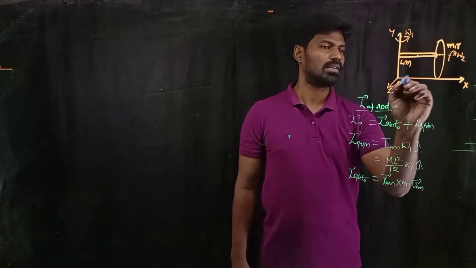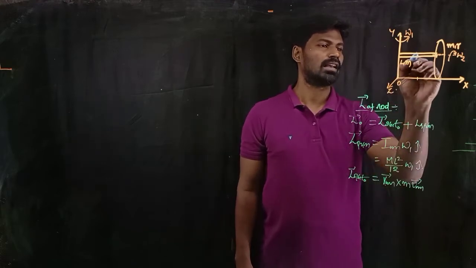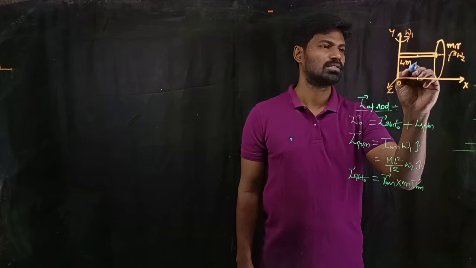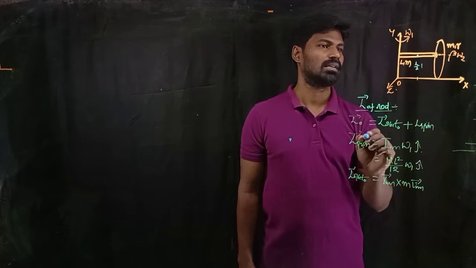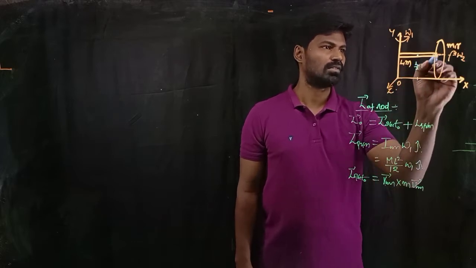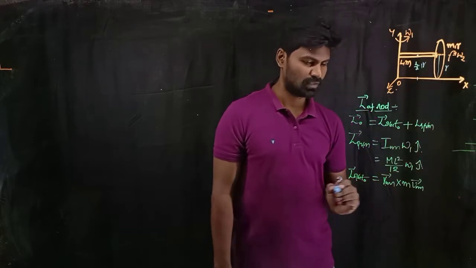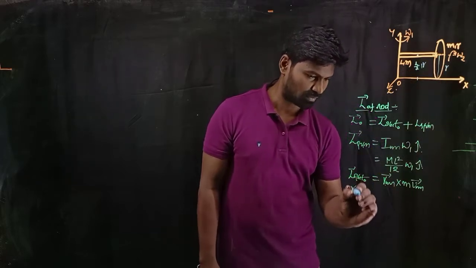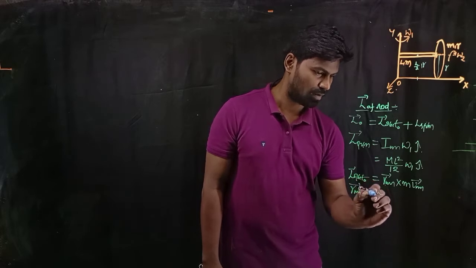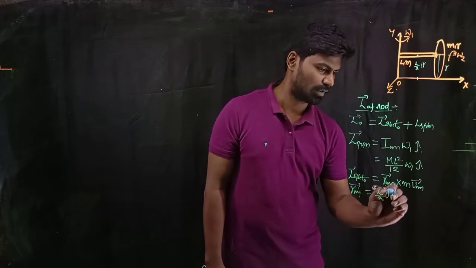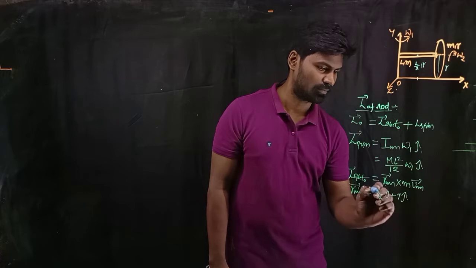So distance from here to here is how much? Its X coordinate is L by 2. And distance from here to here is nothing but the radius of the disk. So Y coordinate is R. So R center of mass, how much did we get? L by 2 i cap plus R j cap.